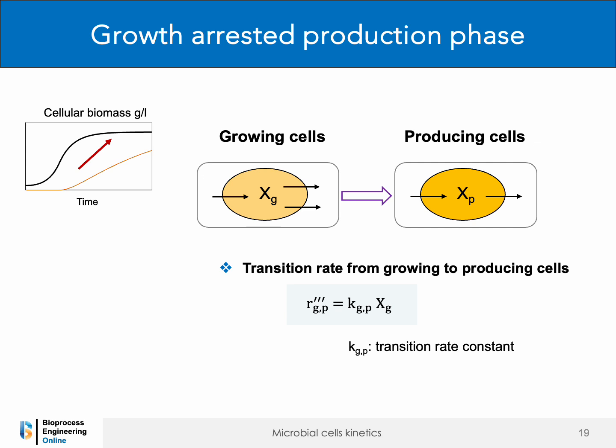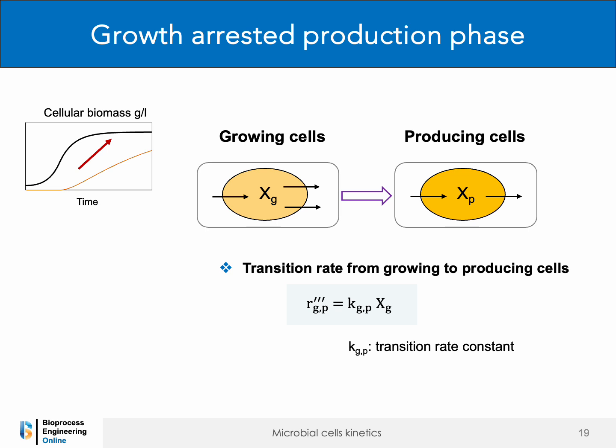The final growth-arrested phase can occur when an essential nutrient is depleted in the medium or when a metabolite reaches its limiting inhibitory concentration. Alternatively, in fermentations that produce non-growth-associated metabolites or proteins, the growth-arrested phase arises from the transition of cells from a growth state Xg to a production state Xp.